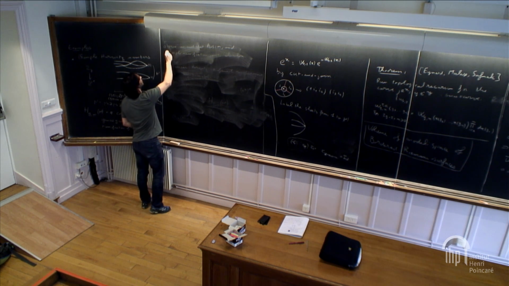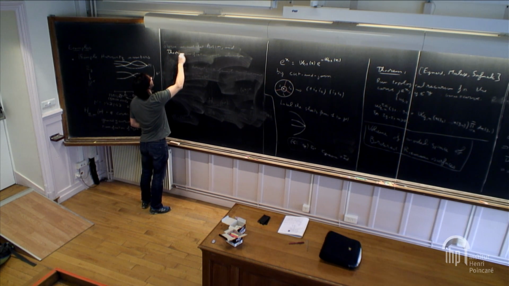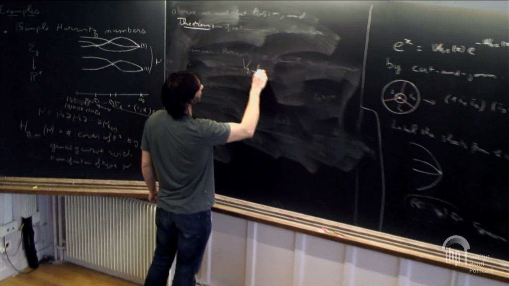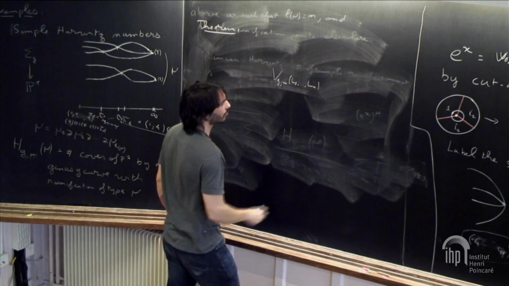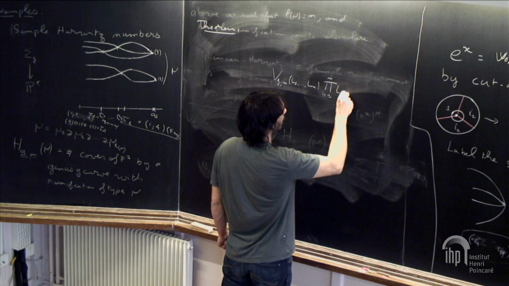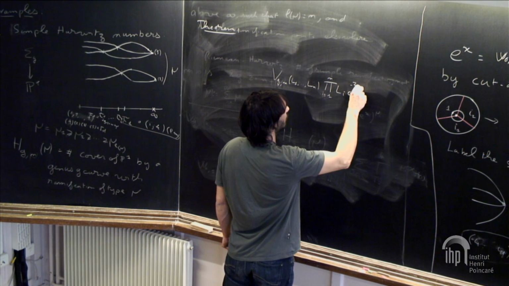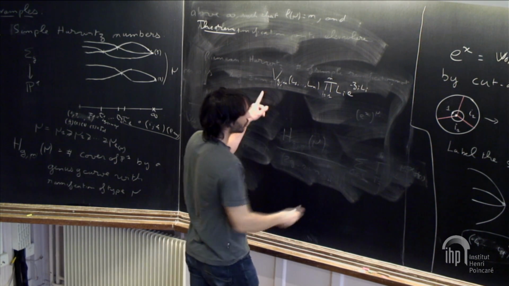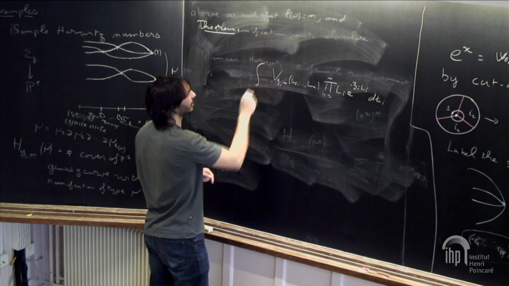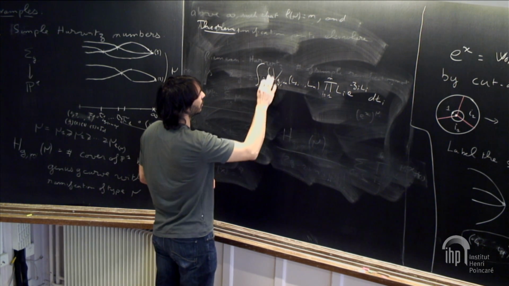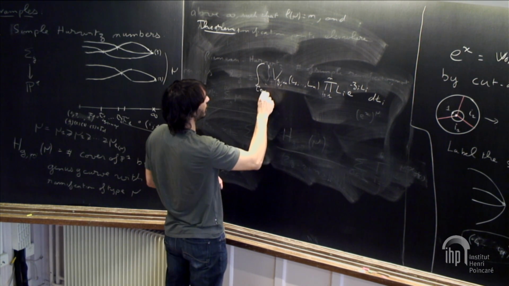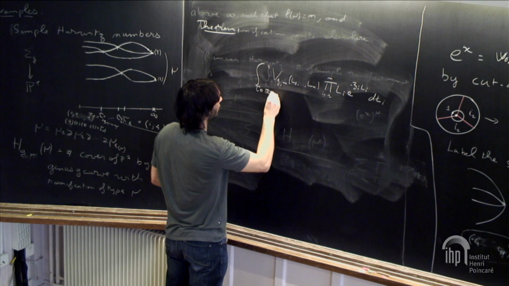And now the statement is that if you take this W g,n of L1 to Ln, multiply by a product from i going from 1 to n of Li exponential minus zi Li dLi, and I integrate all the lengths to be in R plus.